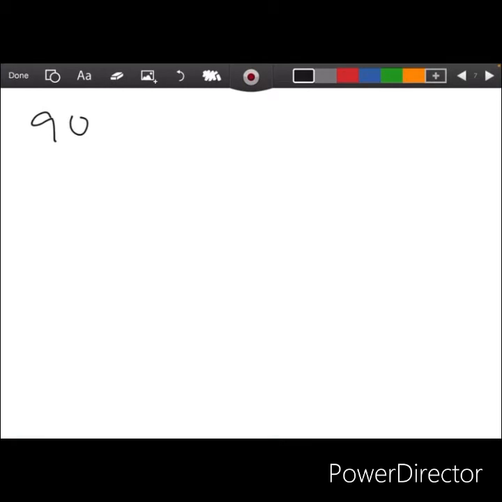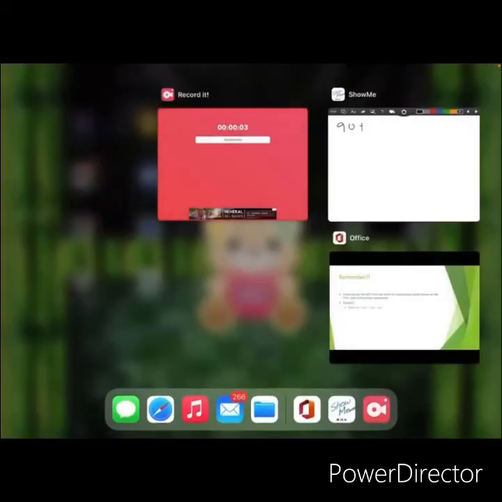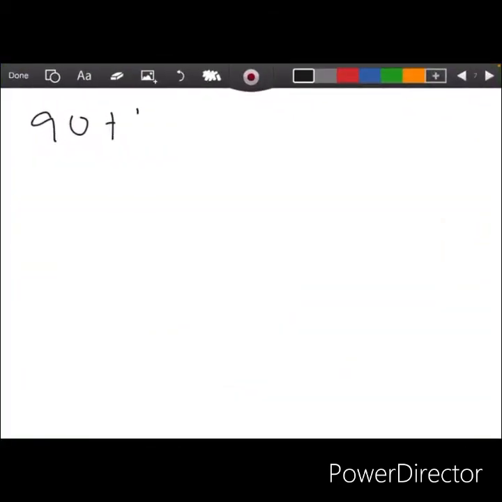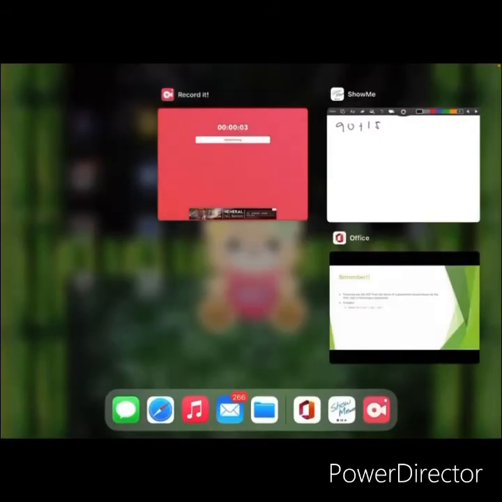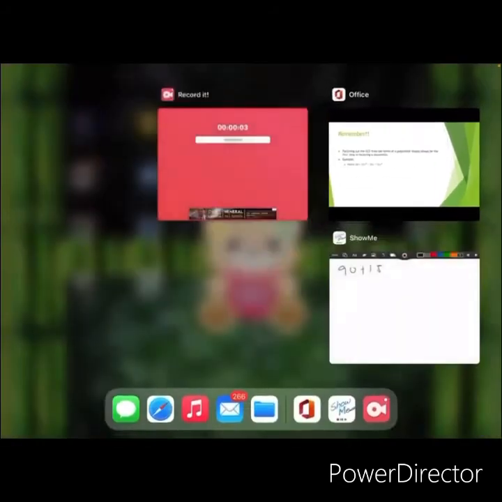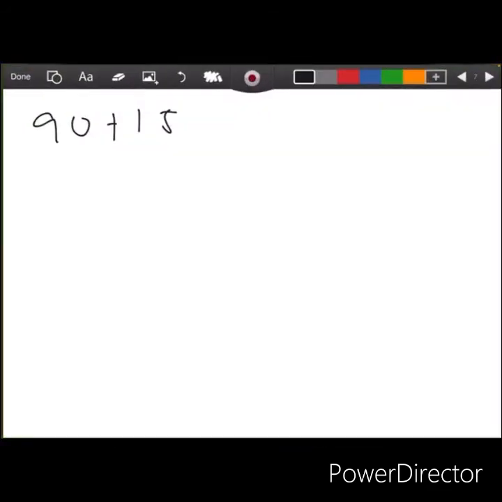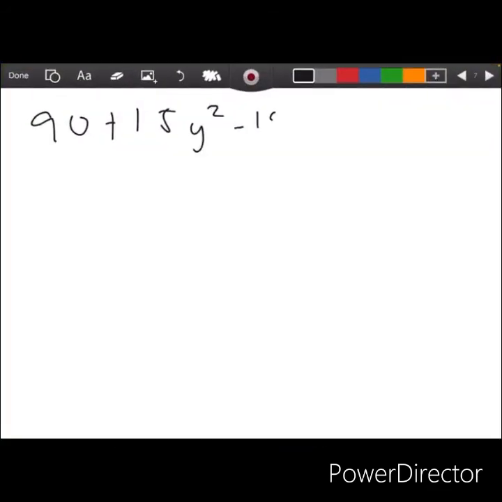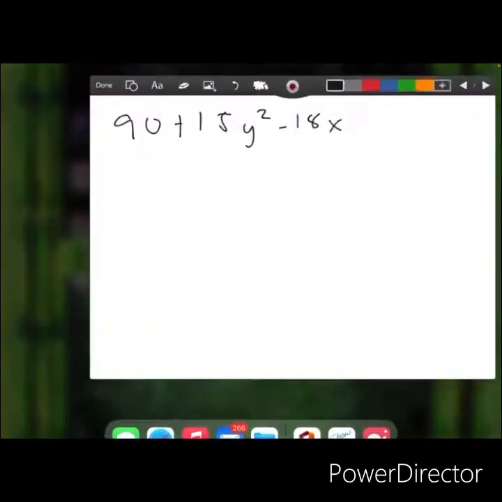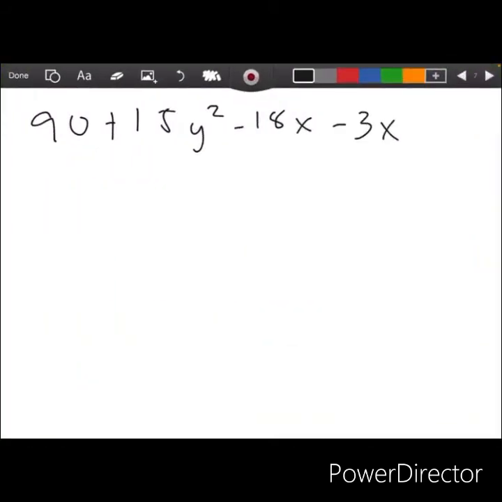Okay, 90 plus 15y squared minus 18x minus 3xy squared. The factor of 90 is equal to 3 times 2 times 5 times 3.